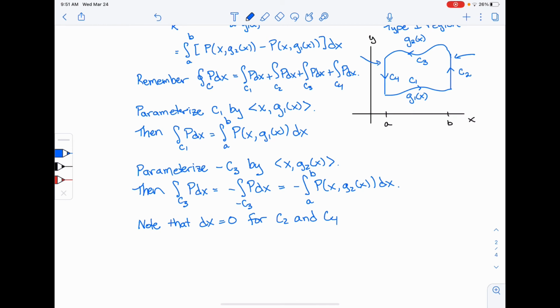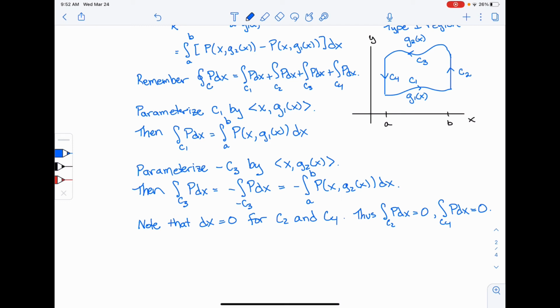There's going to be no change in x there, right? We're only going to change the y. So the dx is 0 in both of those cases. So that means that the integral around c2 of p dx equals 0, and the integral around c4 of p dx equals 0.